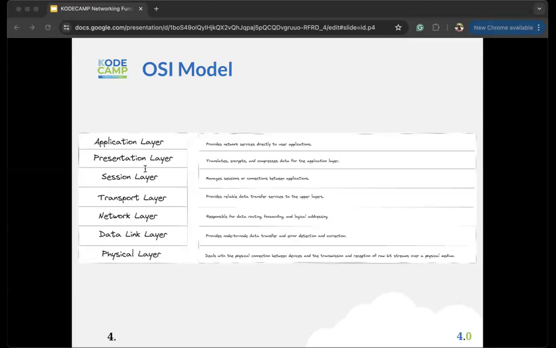The application layer is the layer where you have human interfaces, human interactions, and it contains protocols that allow software to send and receive information with meaningful data that users can understand and interact with.